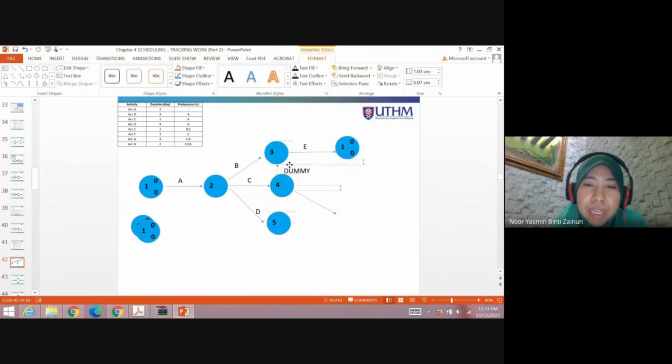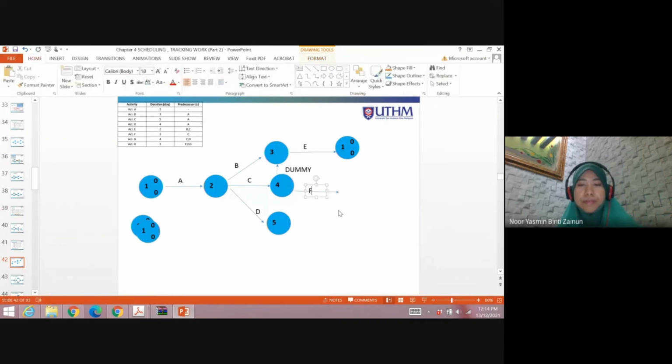When you change the arrow, it shows that B and C are the predecessors for E, but C is the predecessor for F. So C combined with B, you get E. C will only have F as the successor.